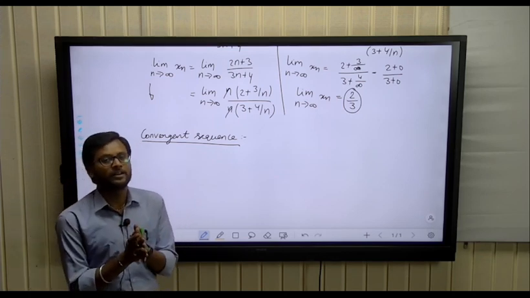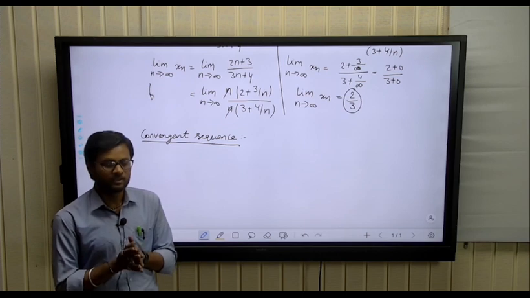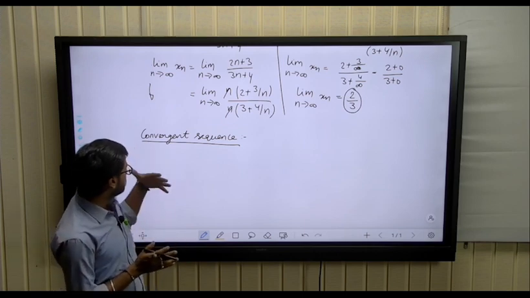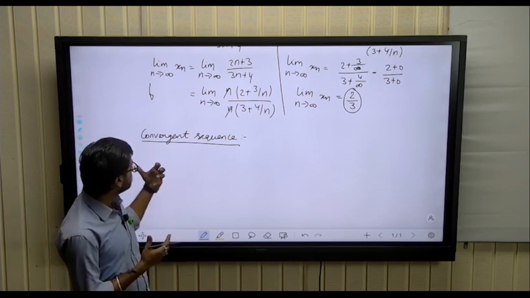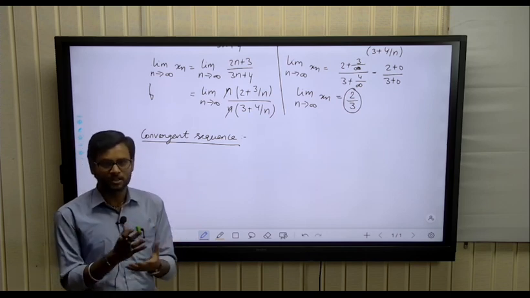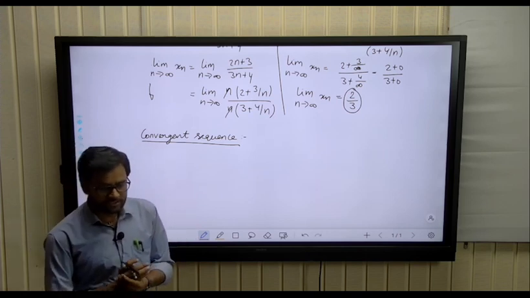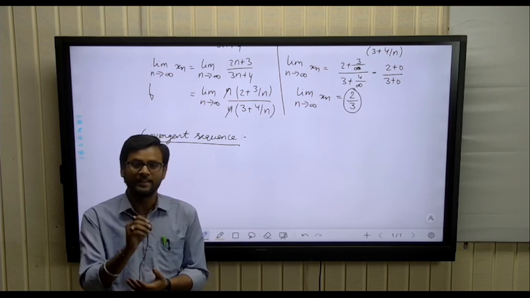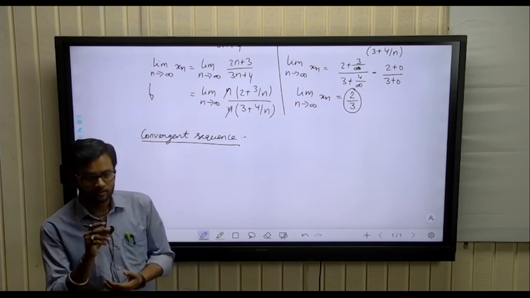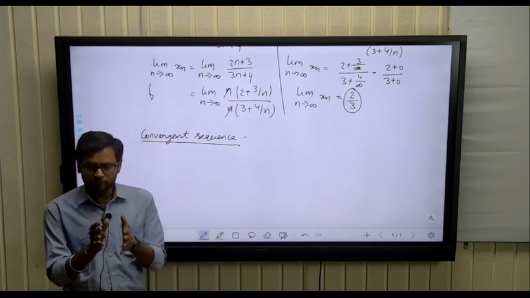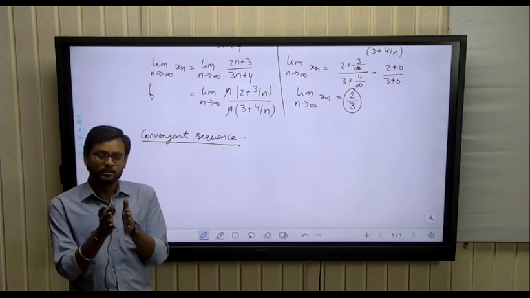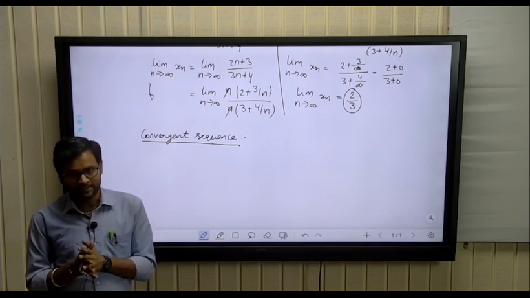What is the mathematical definition of a convergent sequence? First we discuss the convergent sequence in a general manner. Basically, a convergent sequence is a sequence which has a finite limit. Again I repeat, a sequence which has a finite limit is called convergent.